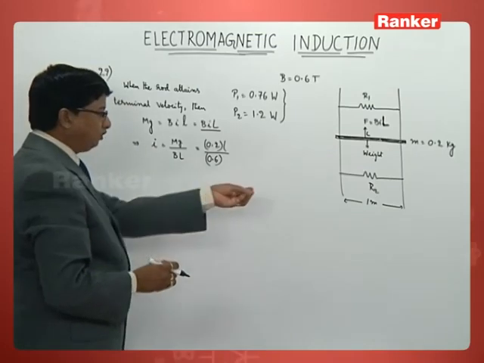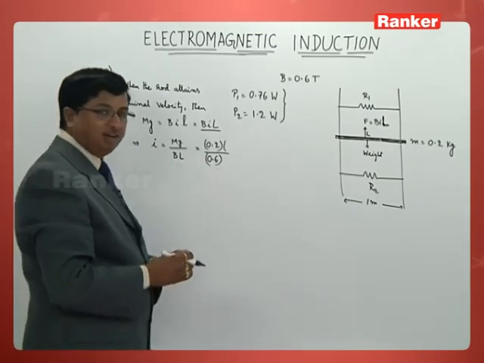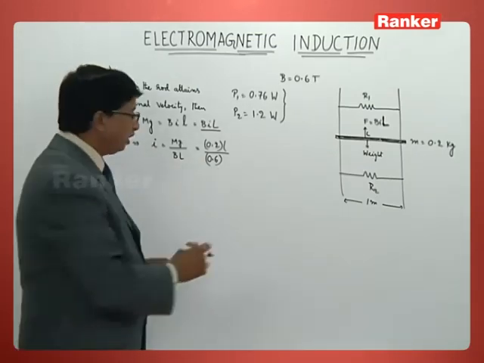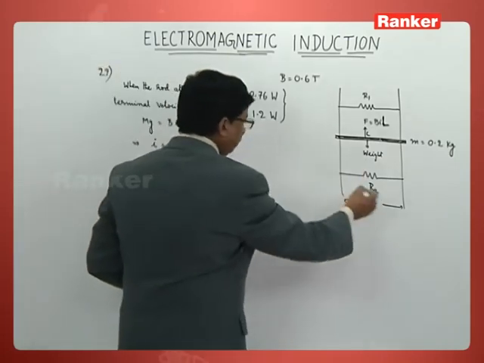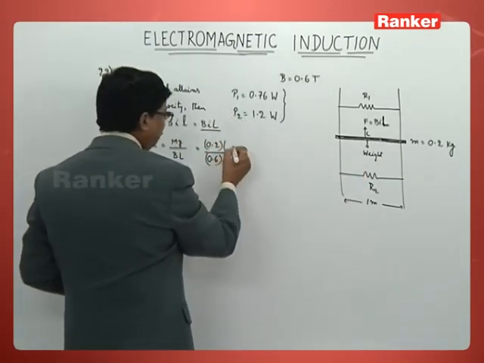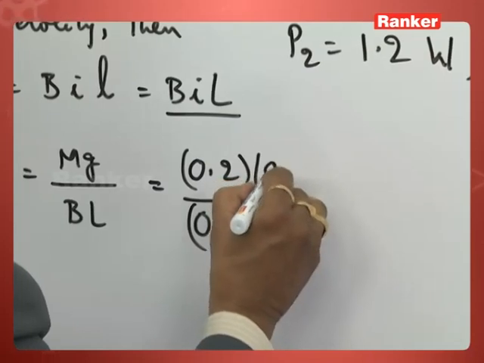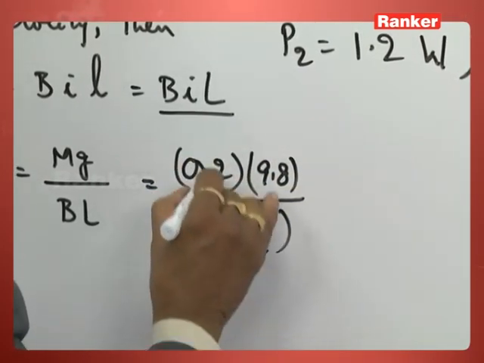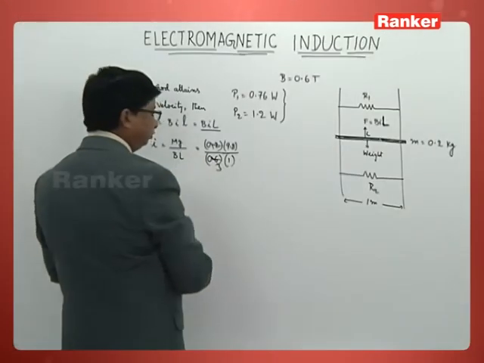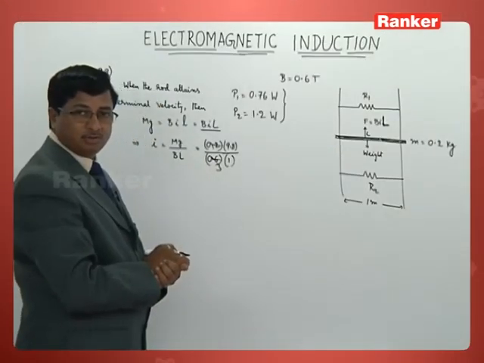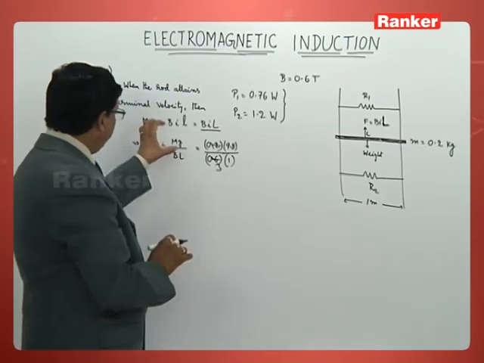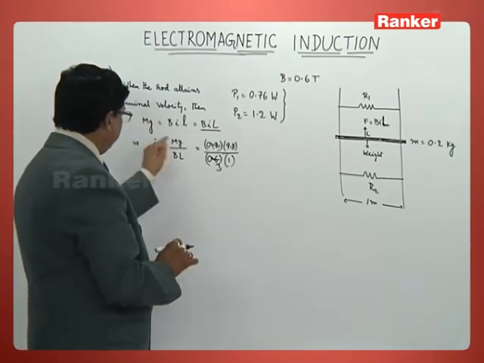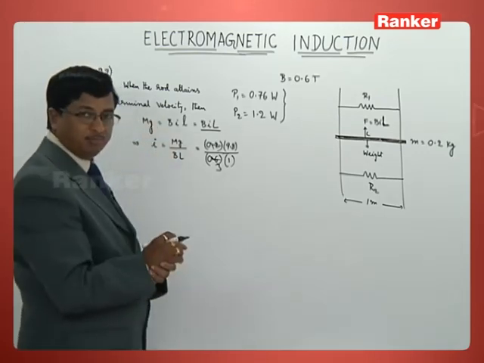Length of that rod is going to be 1 meter, you can straight away understand that one, because the distance gap between them is 1 meter he has given you. And g value, if I take that one as 9.8, like this gets cancelled, this gets thrice. So you will be getting the value over here of mg by BL, fine.